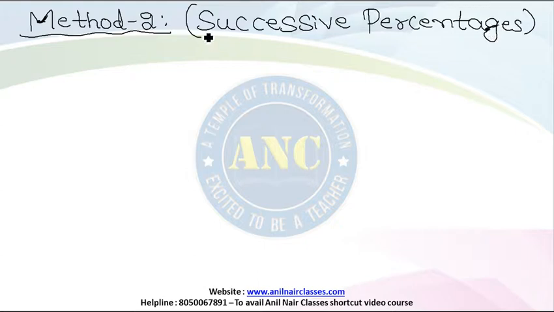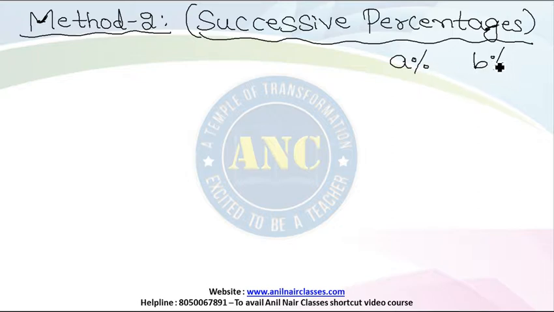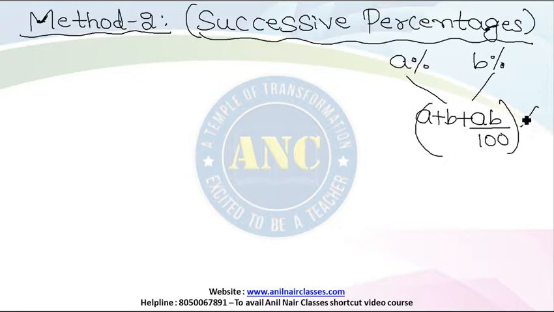Whenever there are two percentage changes, suppose A percentage and B percentage respectively, the successive percentage, I proved it to you, is A plus B plus A into B divided by 100 percentage. That means the question says length increases by 20 percentage, and breadth by 25 percentage, right sir?